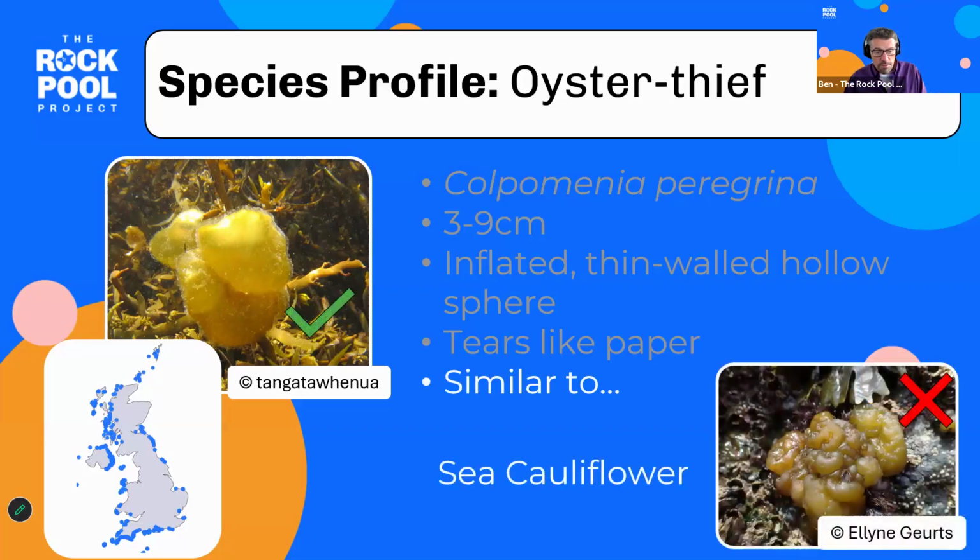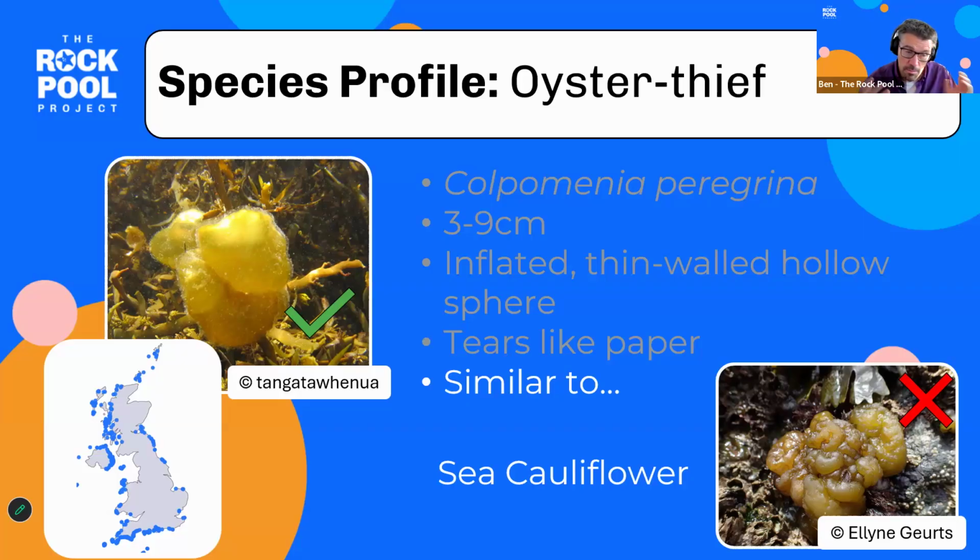And they're very similar to this species, which the Latin name for is Leathesia marina. I've got it here as sea cauliflower, which is very confusing because I think there is actually another species in this MBA guide called sea cauliflower, but that's the name for Leathesia marina on iNaturalist, so I'm sticking with this approach.